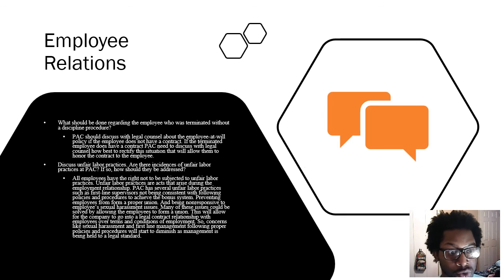Many of these issues could be solved by allowing the employees to form a union. This would allow the company to go into a legal contract relationship with employees over terms and conditions of employment. So concerns like sexual harassment and first-line management following proper policies and procedures will start to diminish as management is being held to a legal standard.